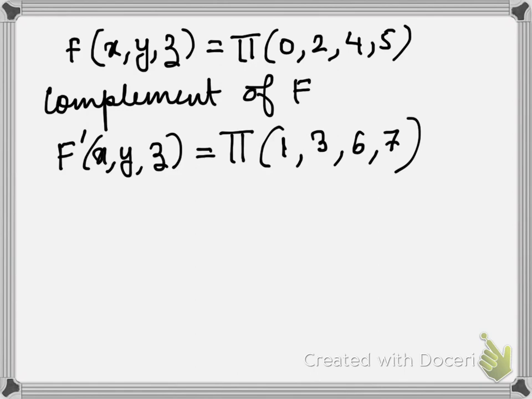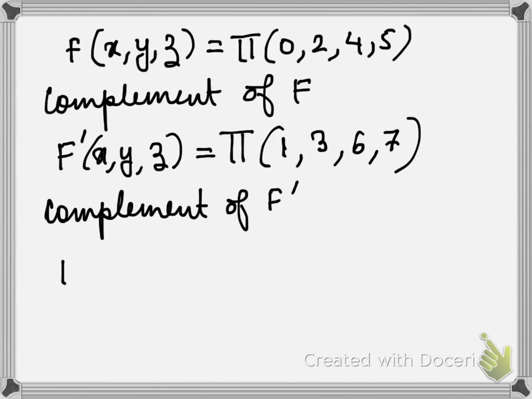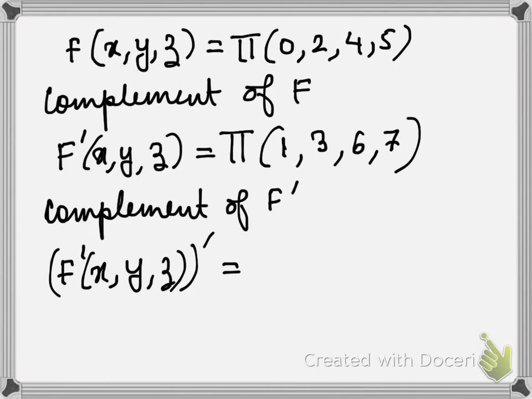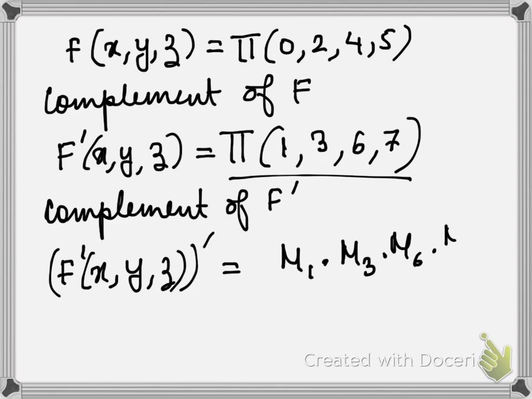Okay, this is the complement. Now again you take the complement of both sides, the complement of f complement. So I get f complement complement is equal to f. f is equal to the complement of this whole thing, which could have been written as M1 dot M3 dot M6 dot M7.